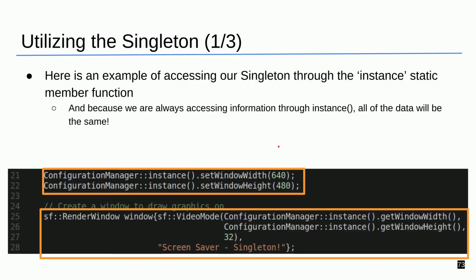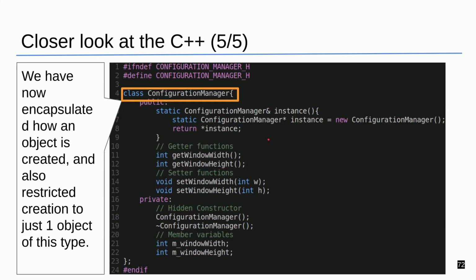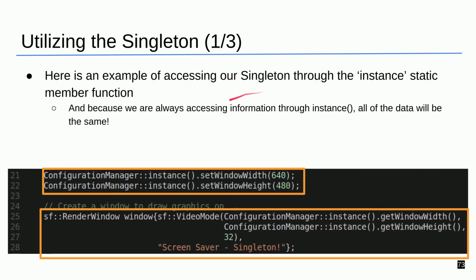Okay, so here's an example of how we utilize the singleton. Here's our class. I'm going to use ConfigurationManager. The scope operator is telling me, within this ConfigurationManager, find this member function, ::instance. And this is a static function, right? So it's shared across all instances of ConfigurationManager.